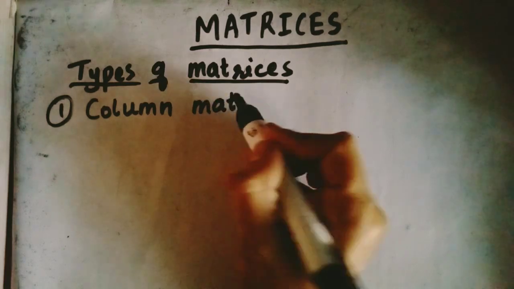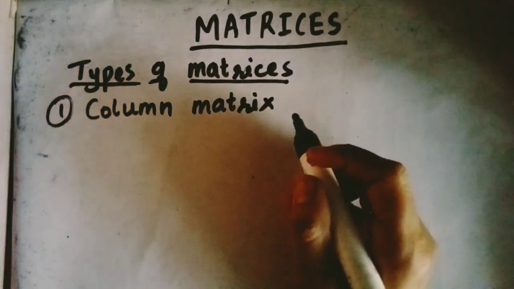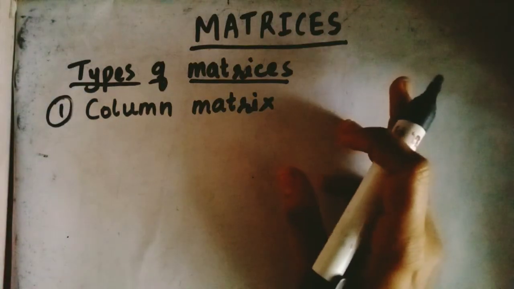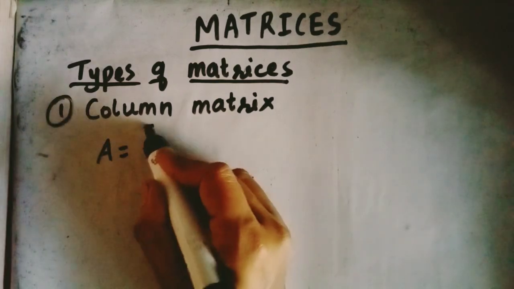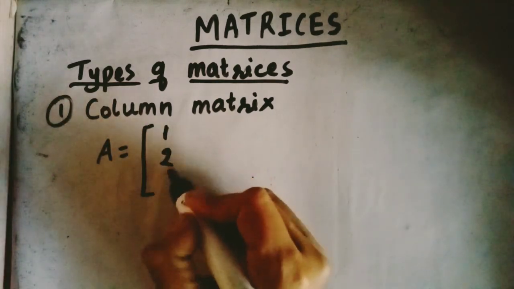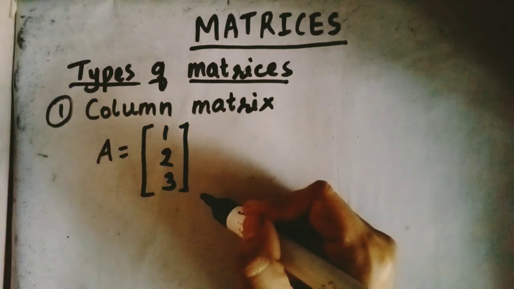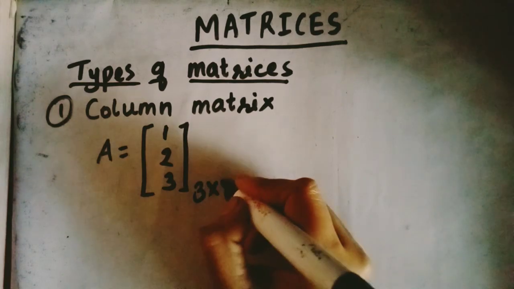As the name suggests, a column matrix contains only one column. For example, if you take the matrix with entries 1, 2, 3, there is only one column and 3 rows. So the order of this matrix is 3 cross 1.